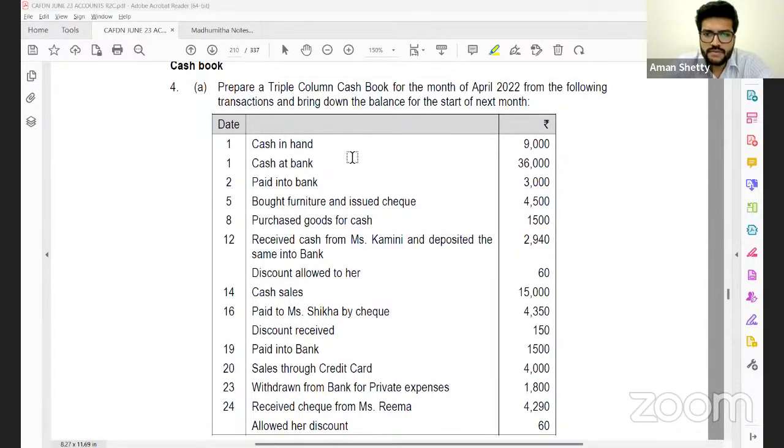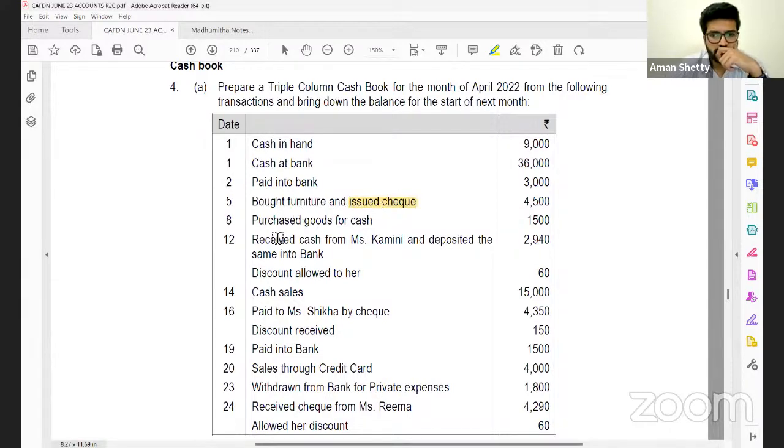Cash in hand: first, cash in hand 9,000, cash at bank 36,000. Second, paid into bank 3,000. Fifth, bought furniture and issued check 4,500.